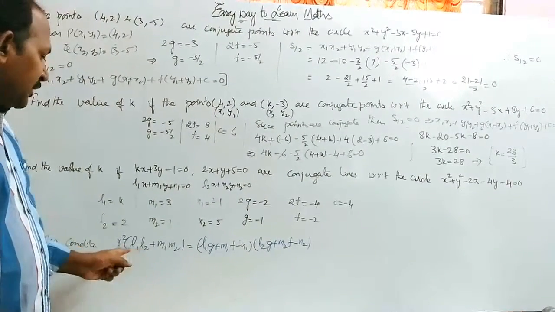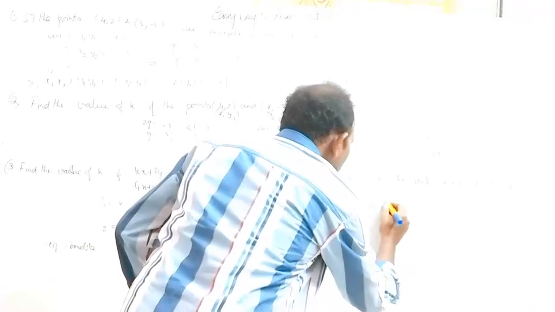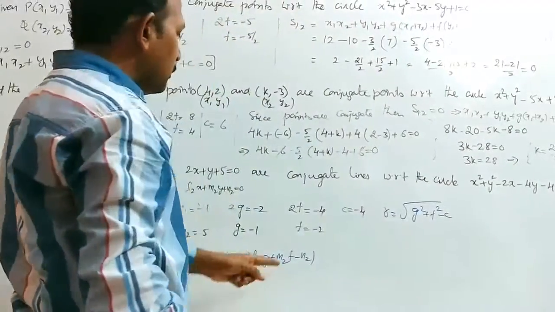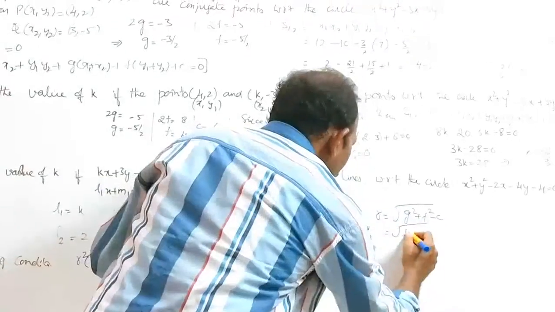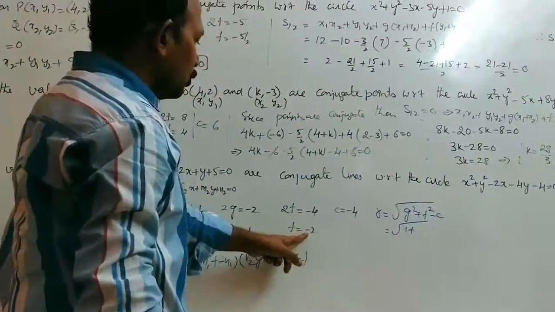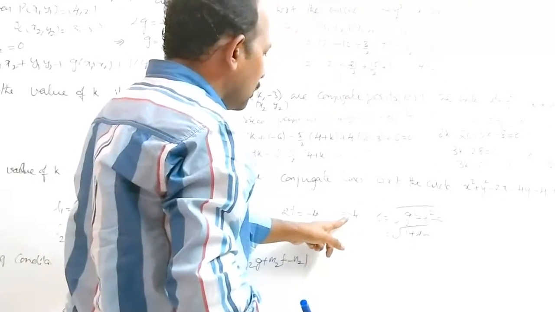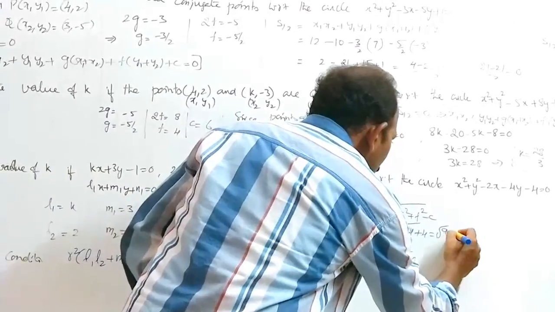Now let us find the value of R also. R is nothing but the radius. R is equal to the square root of g square plus f square minus c. Then g square, minus 1 whole square, is 1, plus f square, minus 2 whole square, is 4, minus c, here minus 4 already, therefore plus 4, that is equal to root 9, that is equal to 3.